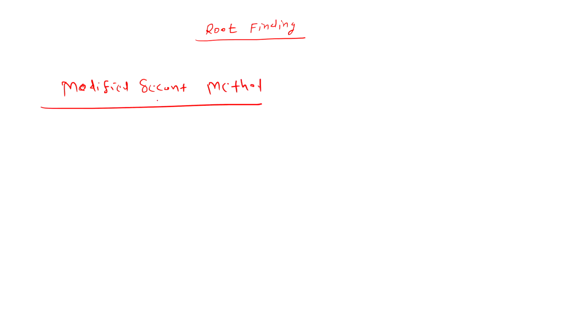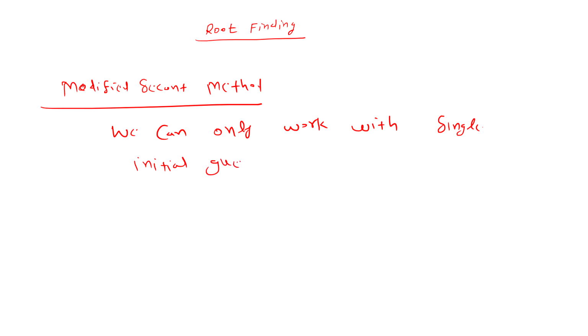That we can work with only a single initial guess. So we are not required to have two initial guesses. We can work with one single guess, and we can take a perturbation in that single guess.